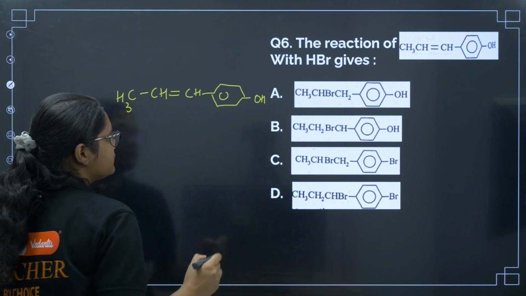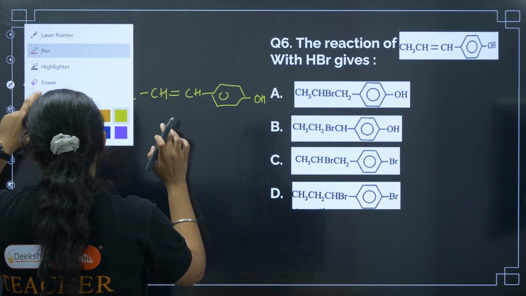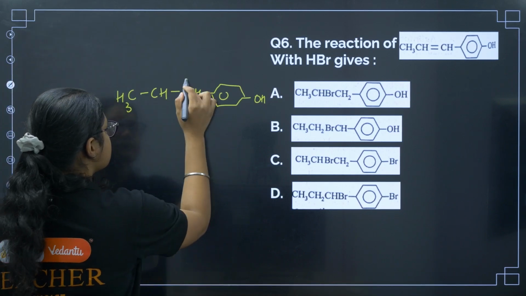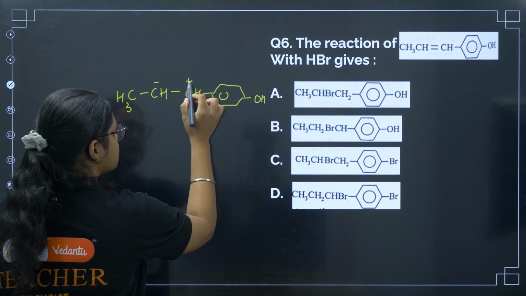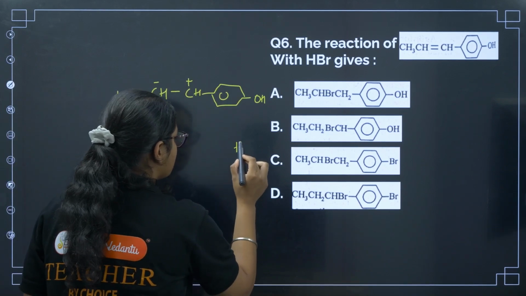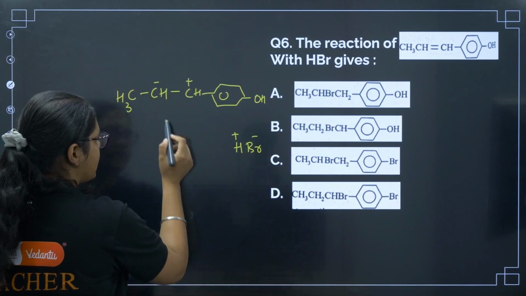Now you see benzyl carbocations are very stable. So what happens when this bond will break? You have to give one side positive and one side negative. This one should be positive and this one should be negative, because this carbocation is resonance stabilized. Now in HBr you can see there is minus and plus, so we can take minus here and plus here.